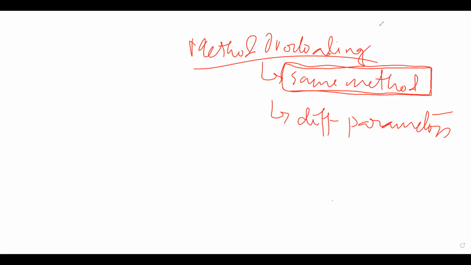When you can say the same method name and implementation. Same method name and implementation. Okay. Who said this? Sujit. Okay. Others? Try. What is same method for you guys?